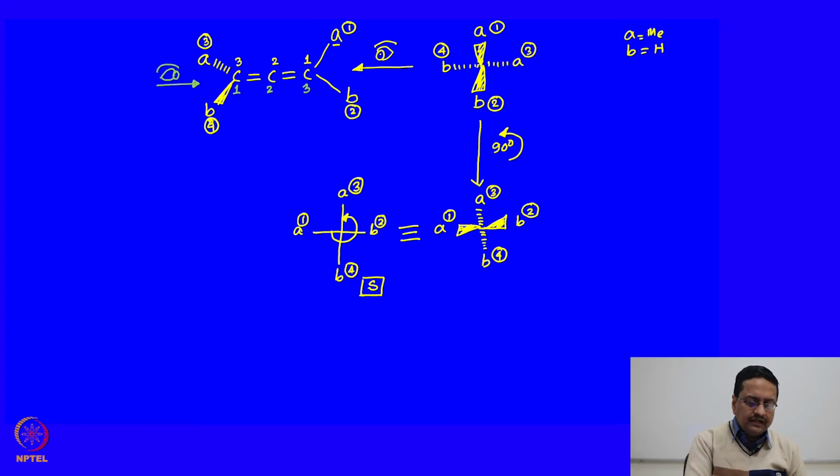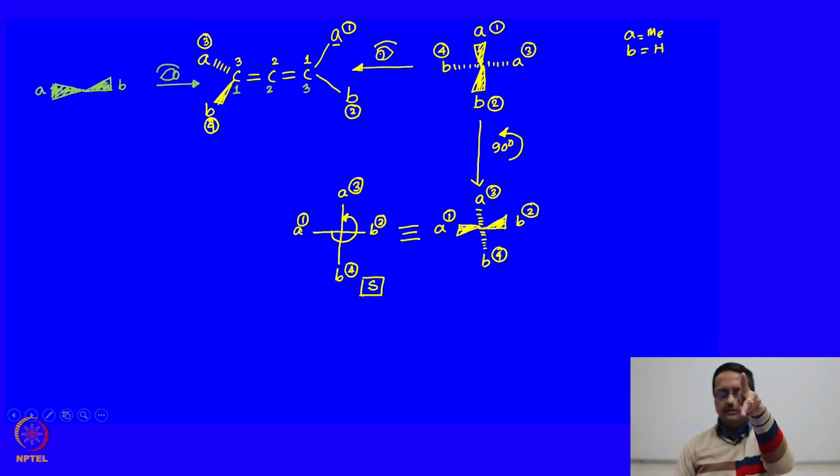The group on the right is B, the group on the left is A, and both are above the plane of carbon number 1. Similarly, on the back carbon, I have A and B which are pointing like this. A is above and B is below, but both are below the plane of carbon number 3. So those two groups should come like this.